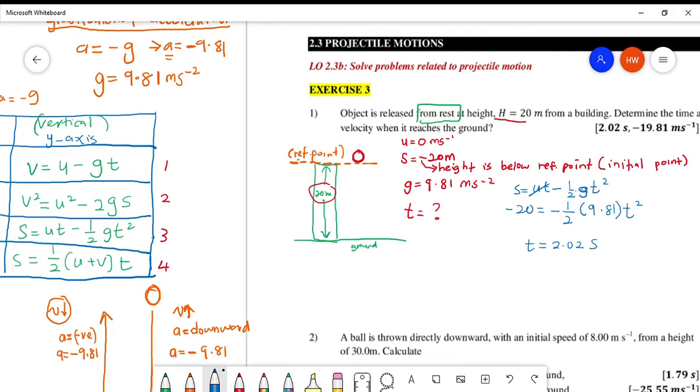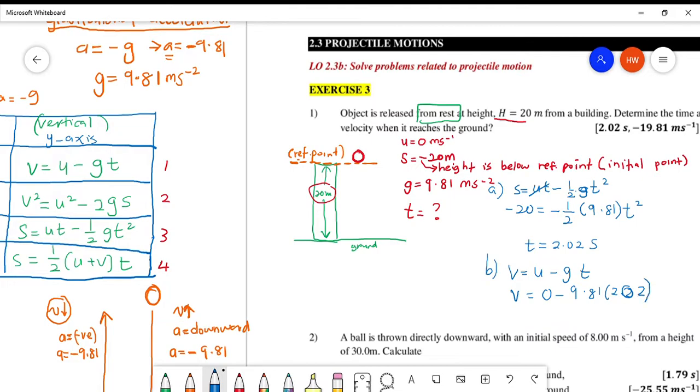So untuk the second one, velocity, we can use the number 1. V equals to U minus GT. So this is A, this is B. V sama dengan U 0 minus 9.81 times 2.02 seconds.